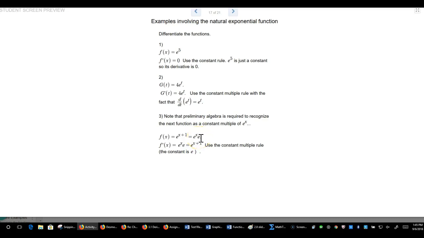So this is just a constant multiple of the function e to the x. So remembering that the derivative of e to the x is just the constant times the derivative of the function, it boils down to e times e to the x, or e to the x plus 1. So we're seeing again and again where the derivative is equal to the original function.